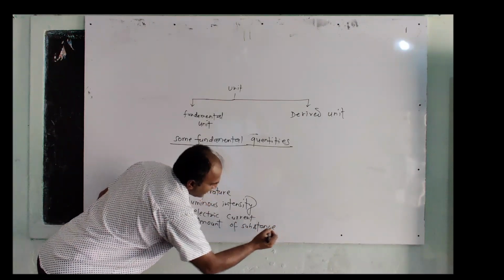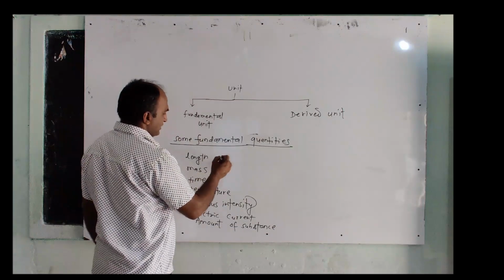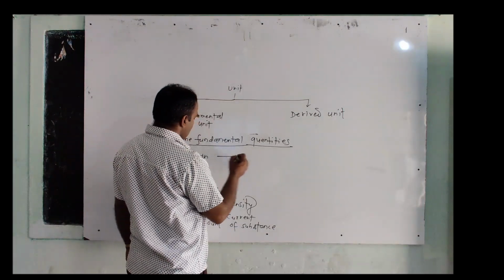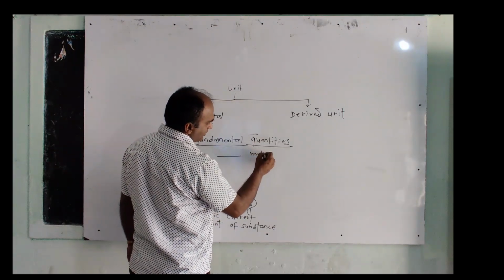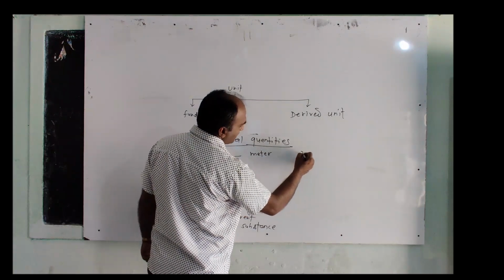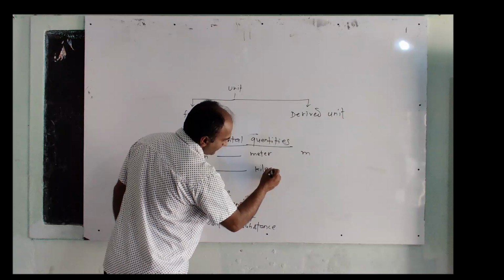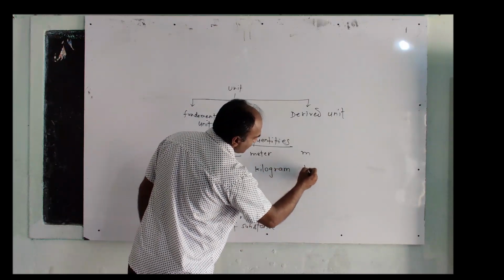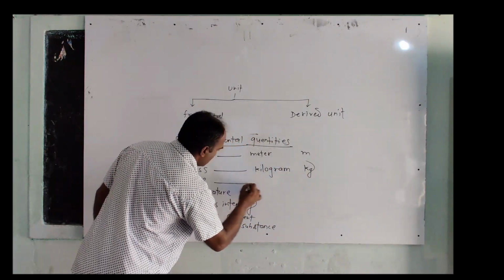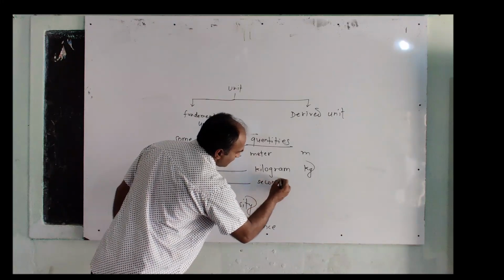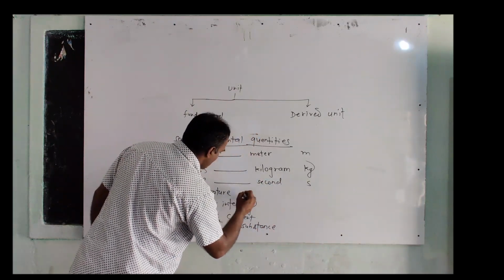And their units: length is expressed in meter, symbol m; mass, kilogram, kg; time, second, s.